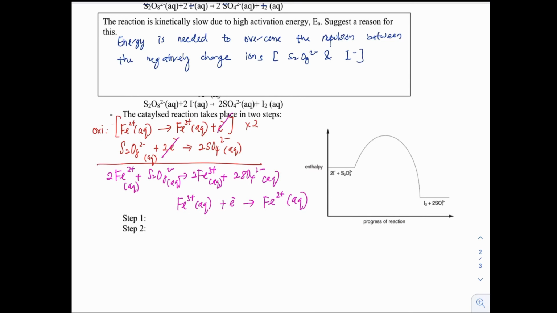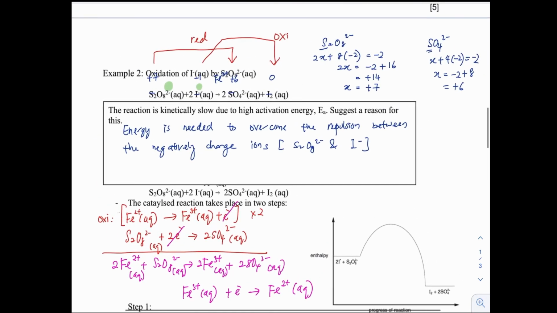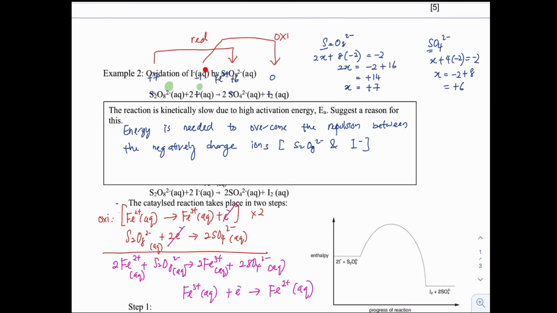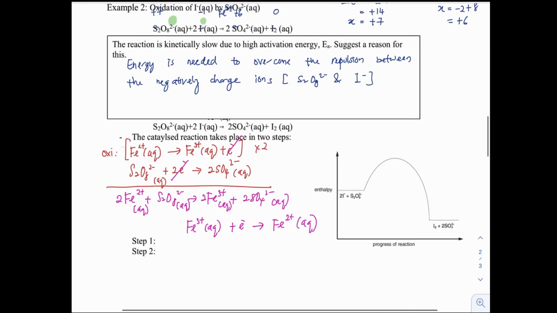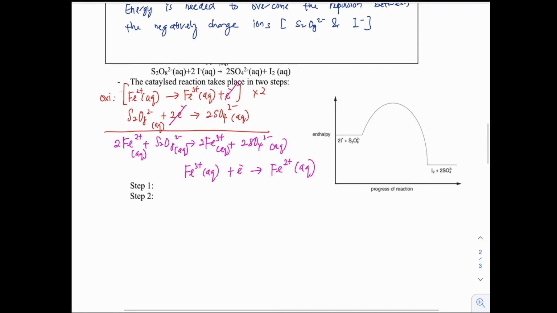Okay, so for this step, this is a reduction. So therefore, we will have to look for an oxidation to happen. The oxidation will have to pick the iodide, from 2I- aqueous forming I2 plus 2e-.